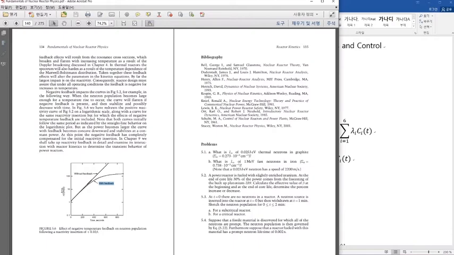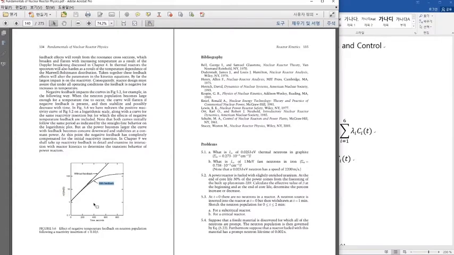Such feedback effect will induce some short-term change in neutron density. So this is a kind of short-term effect.